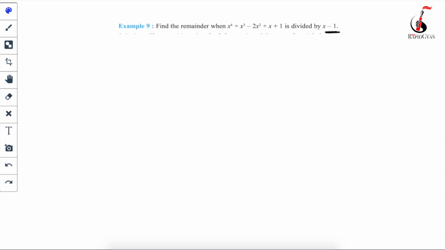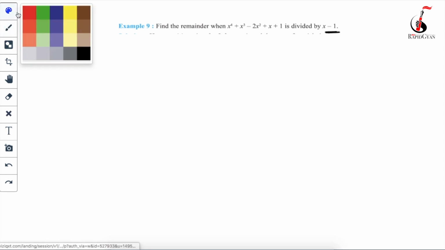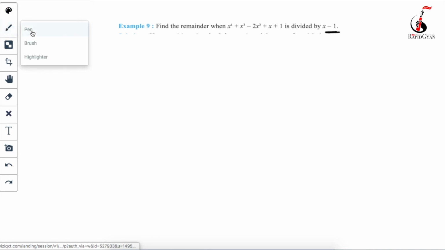Okay guys, so see here, what was the remainder theorem saying, beta? The remainder theorem was saying that suppose there is a polynomial p(x), and it is being divided by a linear polynomial. What do you mean by linear polynomial, beta?